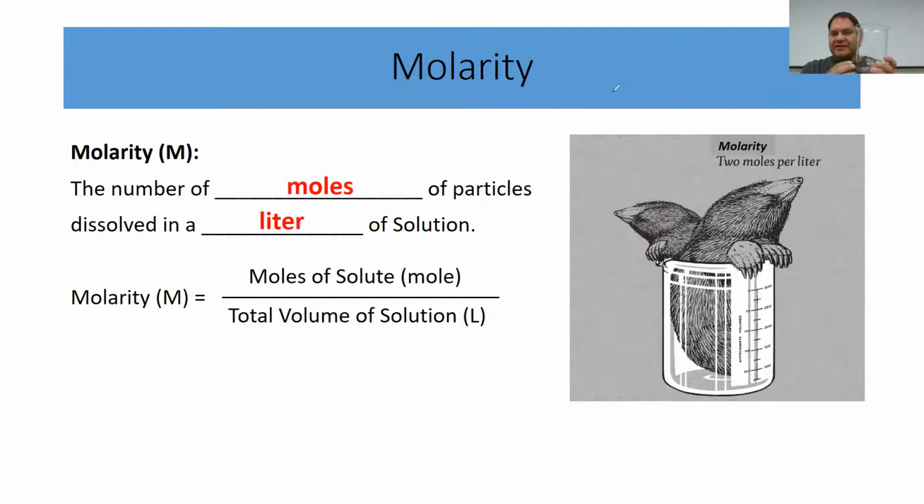Now, molarity needs to be in units of liters and no other volume units, it must be liters by definition, okay? So if you're given milliliters, you must convert that into liters. So I have a 1 liter solution right here, or 1 liter of volume here.